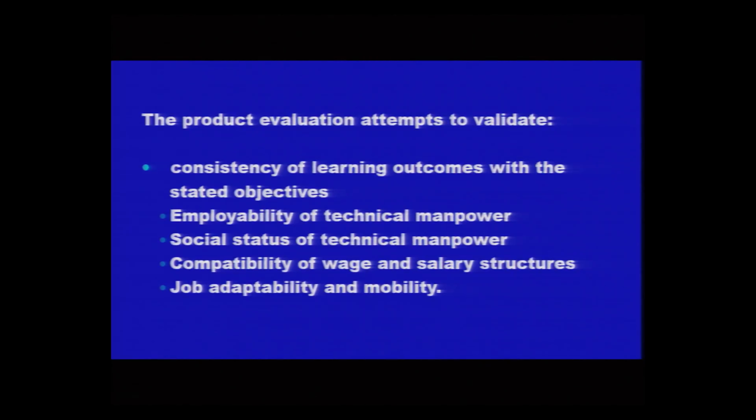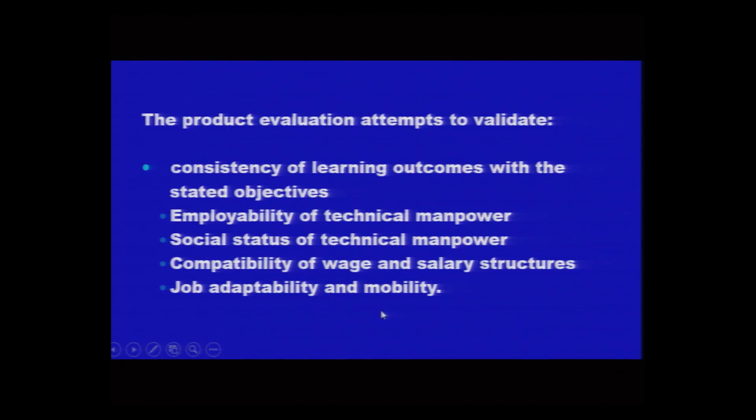Then compatibility of wage and salary structure. There may be some students who are not properly employed. They may be underemployed. Then we have to find out why they are underemployed.